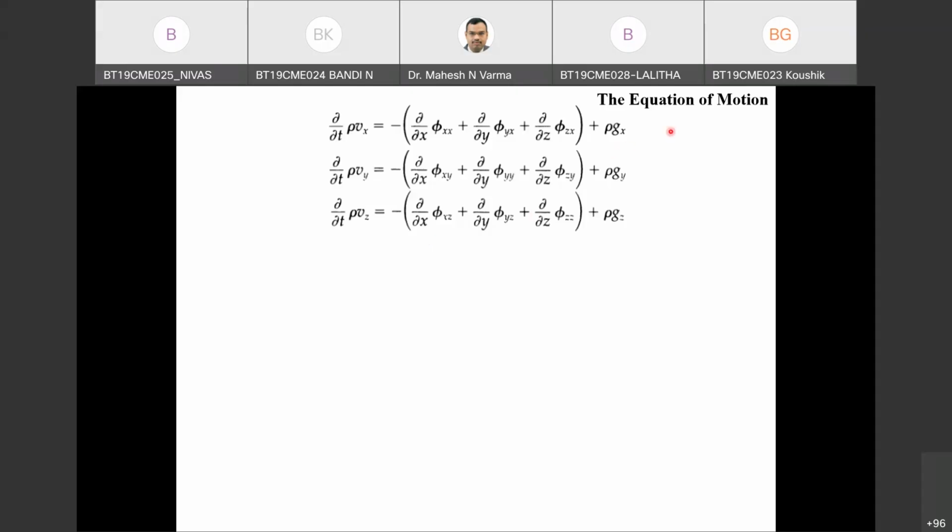So this is the equation of motion, the first form of the equation of motion. Now I know that phi contains three components. What are these three components?